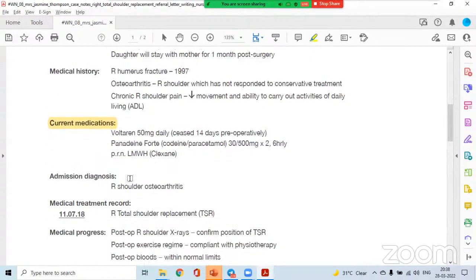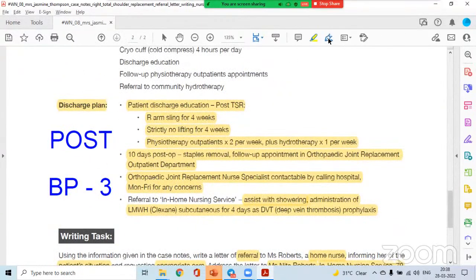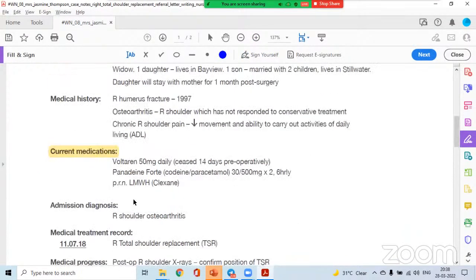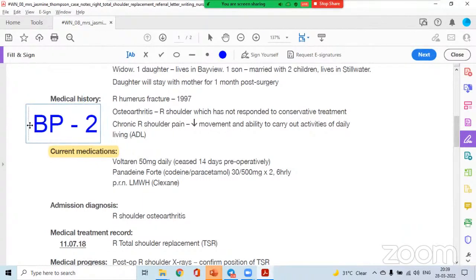Body paragraph 2. So I'm leaving introduction and conclusion. Body paragraph 1, body paragraph 2, body paragraph 3. That's all.